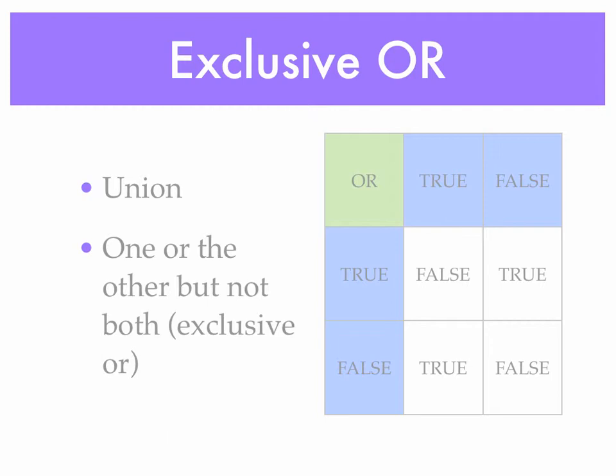So if both of my conditions are true, I return false. If both of my conditions are false, I return false. If one of my conditions is true and the other false, I return true. So one or the other, but not both.